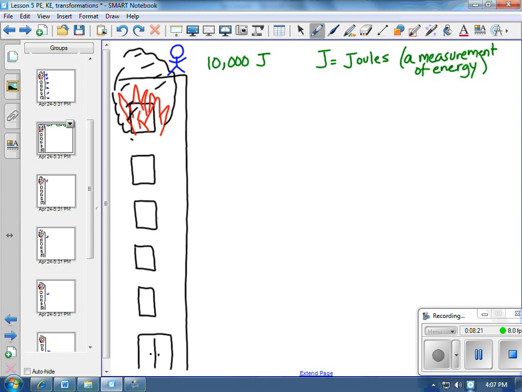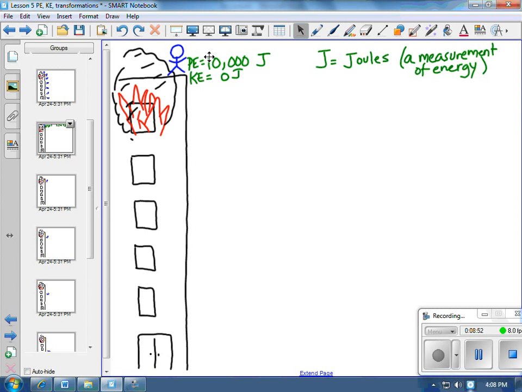And at this point, this little person has 10,000 joules of potential energy. And just standing there, they're not moving. So if something is not moving, it can't possibly have any kinetic energy. So it has 0 joules of kinetic energy.